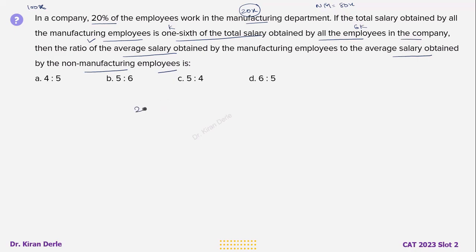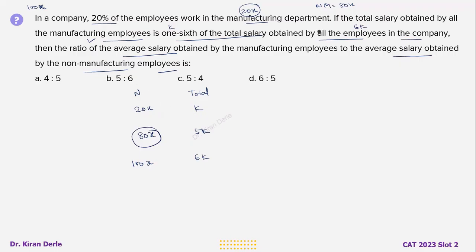I hope you're understanding. So 20x are the number of people, and their total salary is k. And when we have 100x people in total, the total salary is 6k. So the non-manufacturing employees' salary will be 5k, and we have 80x such non-manufacturing employees. I hope you understood how structured we got the information written here.